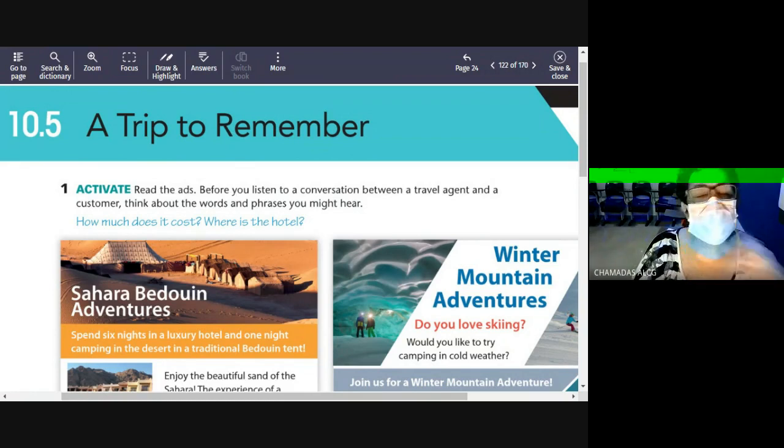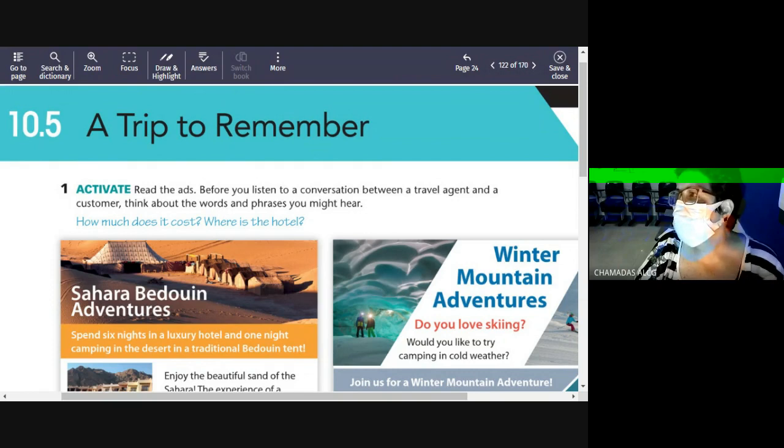And it mentions many different aspects of traveling to places where you can have adventure. The final part of the lesson has a title of A Trip to Remember. So, really, many places you can have a trip to remember, depending on what happens, your experiences, and where you choose to stay. So let's take a look there.